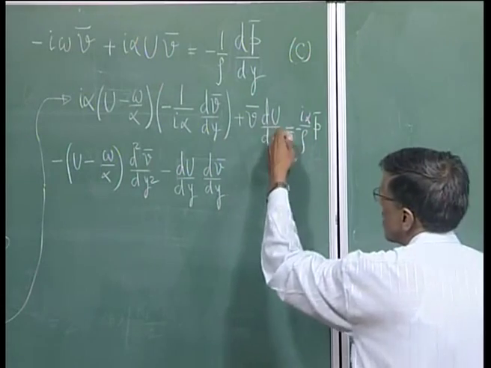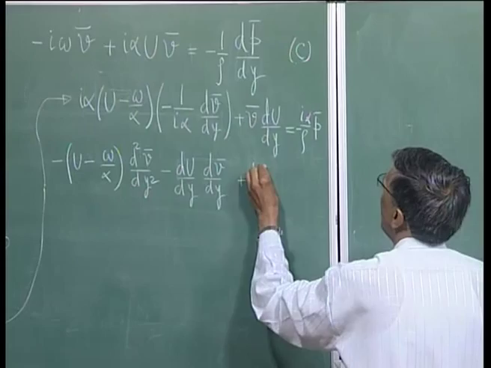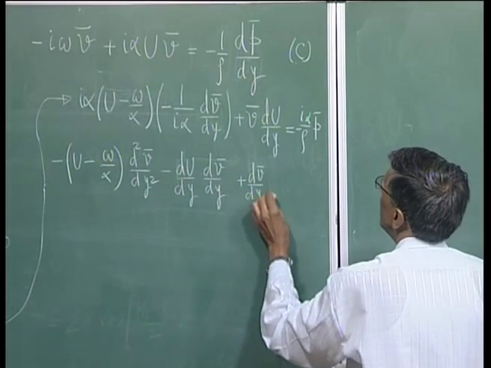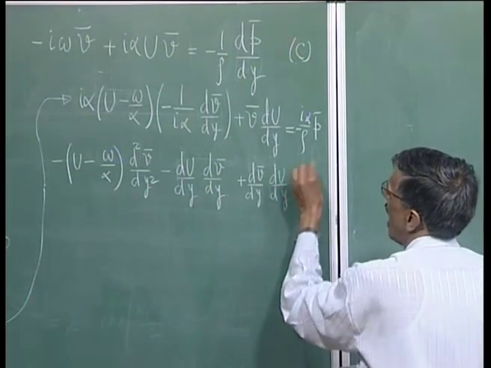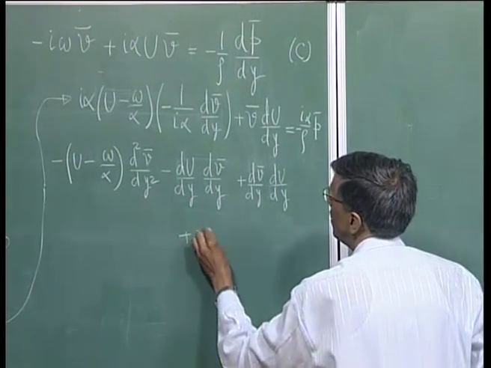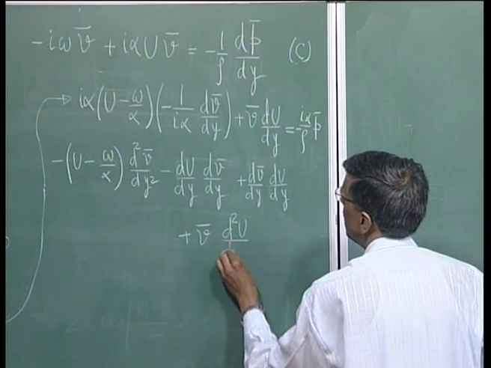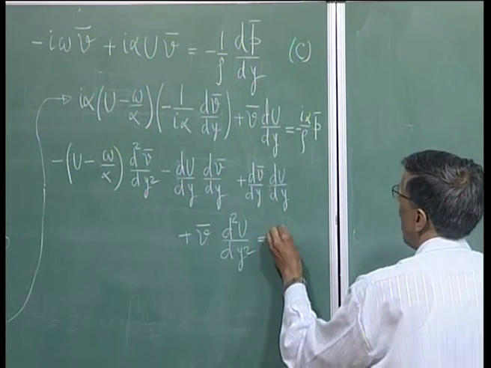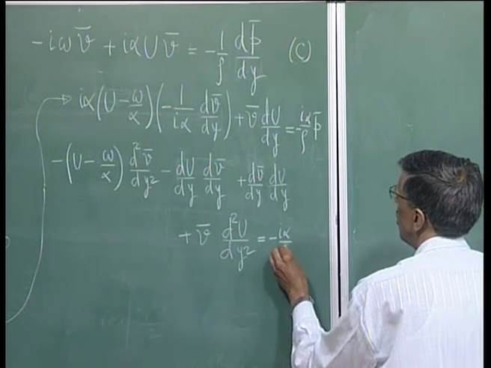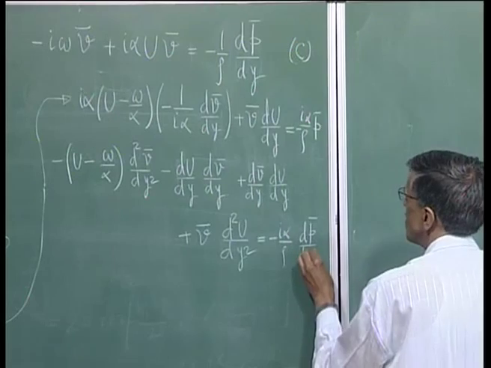What about here? From this, I will get dv bar dy times du dy, and then I have another term v bar d2u dy square. That will be equal to minus I alpha by rho dp bar dy.